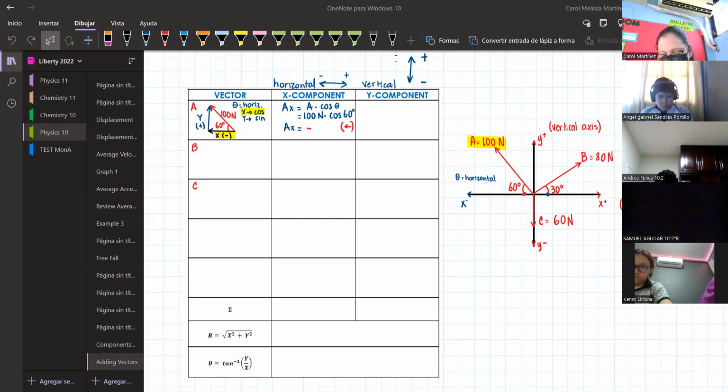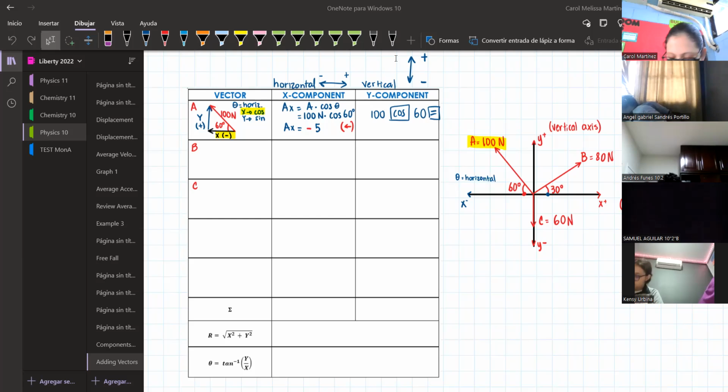On your calculator, you will press 100 cos 60 equal. That is 50 Newton. Did you get it now, Kenzie? Don't forget that this is a calculator key.